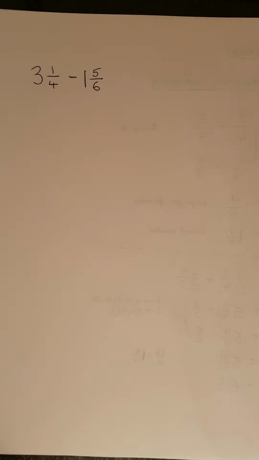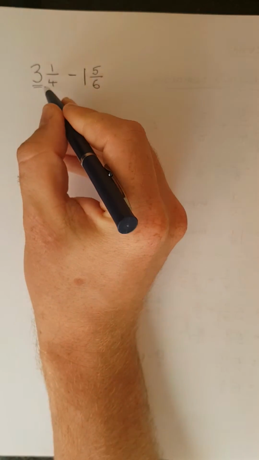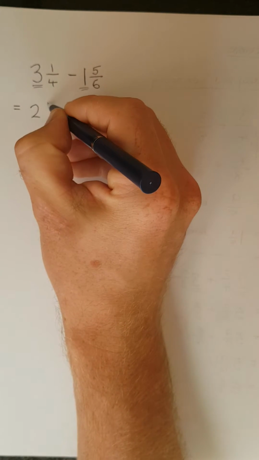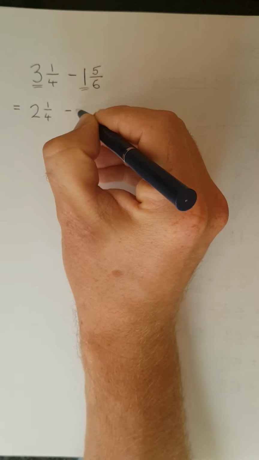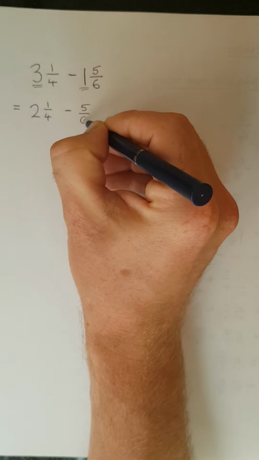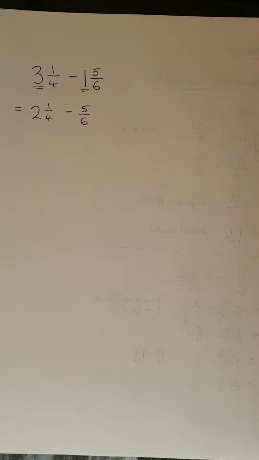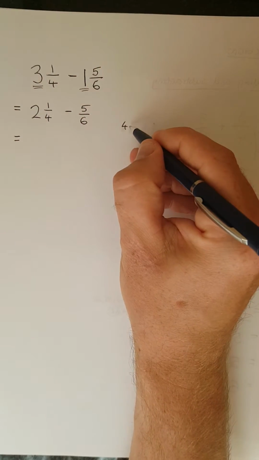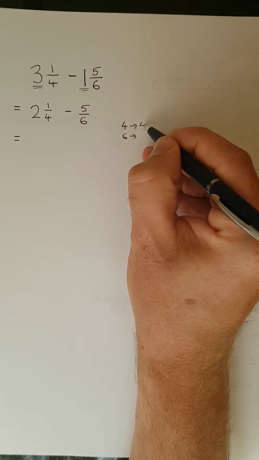Three and a quarter, subtract 1 and 5/6. So, first thing I'm going to do is I'm going to deal with these integers. 3 take away 1 leaves me 2, and a quarter take away 5/6. Now I'm going to make the denominators the same. 4 and 6, where do they meet?